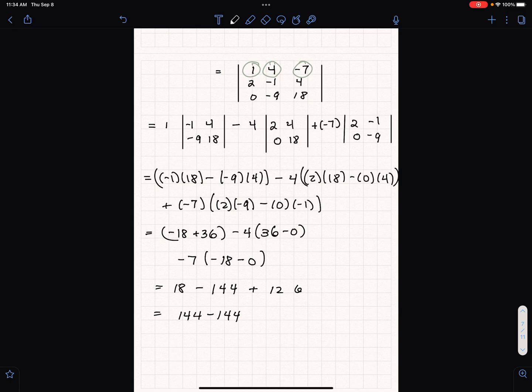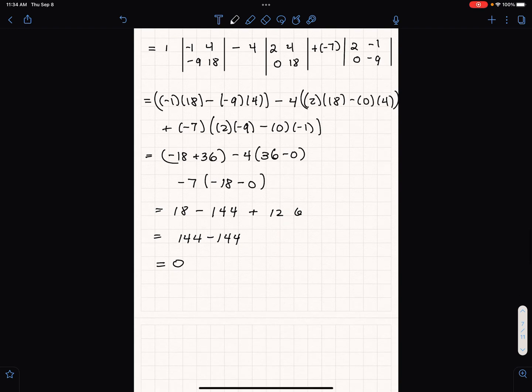So 144 minus 144 is 0, and so there we go. Therefore, this shows that the vectors A, B, C are coplanar, which means they all lie in the same plane.